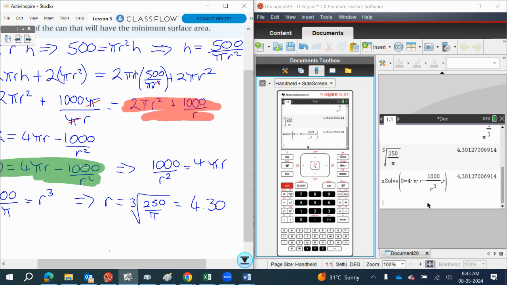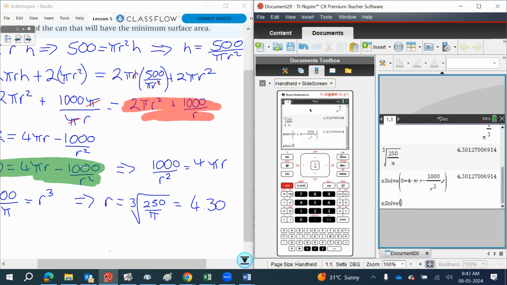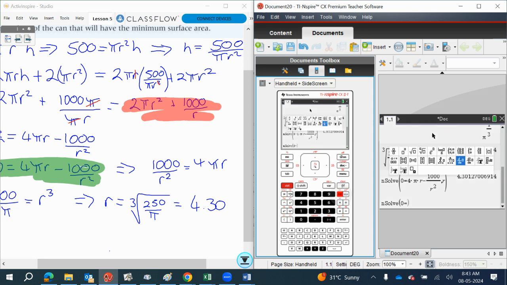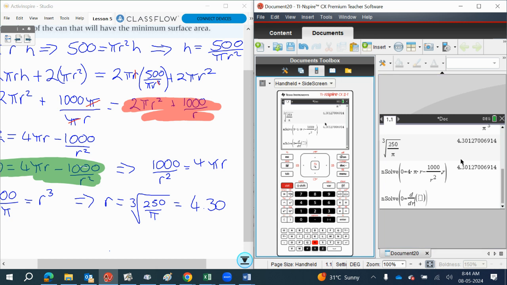So we want to solve, so we'll start off with our end solve. We want to solve for when the derivative is equal to 0. So 0 equals the derivative. To find the derivative, we can use the templates button. Press the templates button, choose the derivative. So we want to differentiate with respect to r.